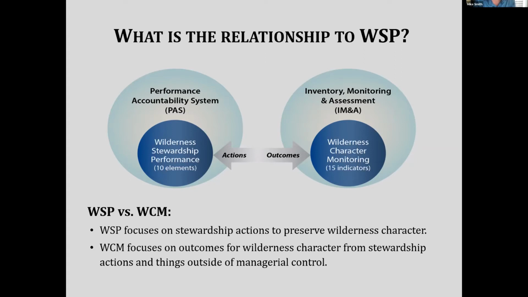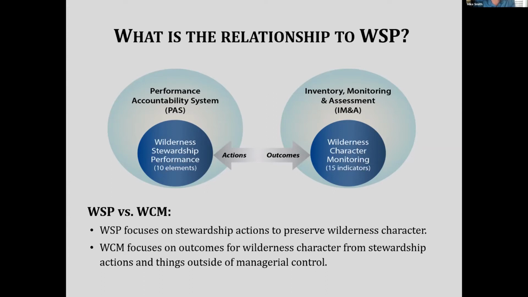And then wilderness character monitoring looks more at the outcomes, including things that are outside of managerial control, for example. WCM is looking at how the wilderness is being impacted by those managerial actions that WSP is carrying out.